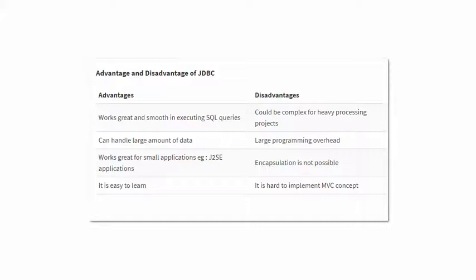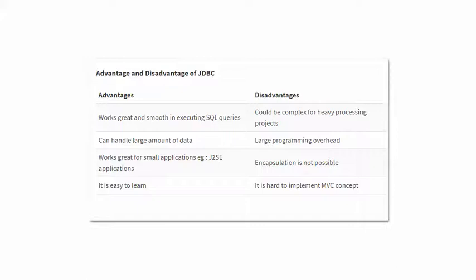When it comes to small applications, JDBC technology is really a great one to choose. For example, J2SE applications, which are also known as desktop applications, embedded applications, something like that.